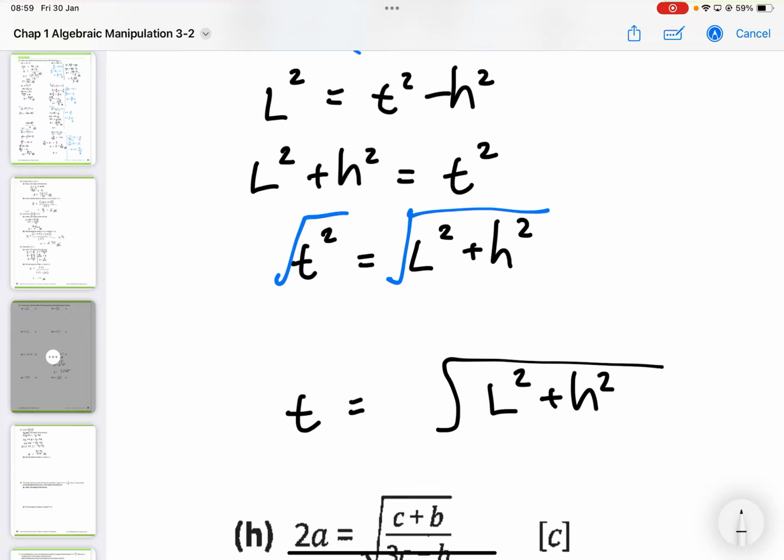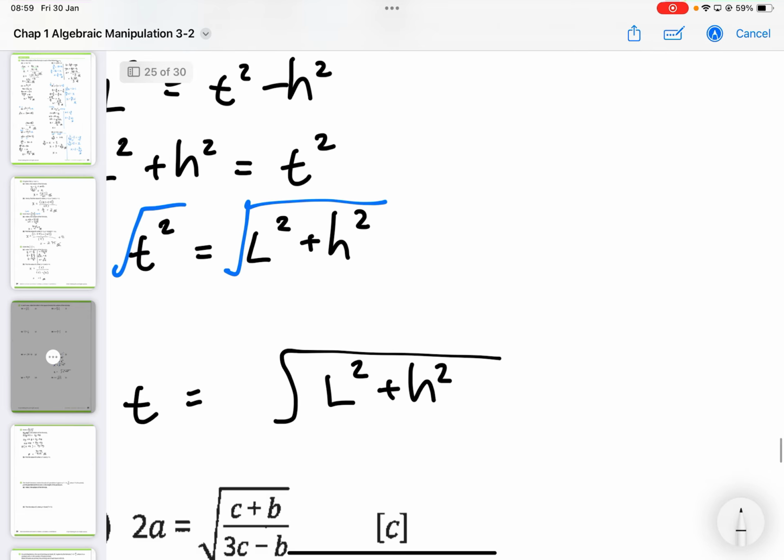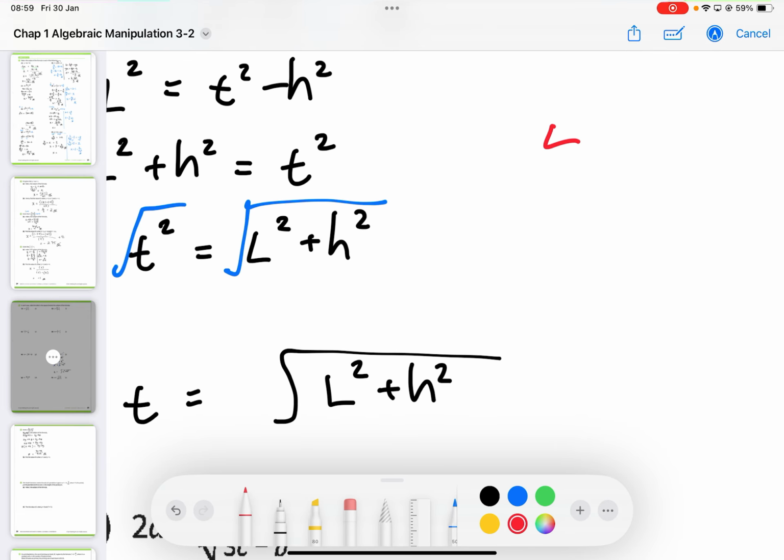But when we are taking square root, something being square root, for example, I put it here. If I want to square root 4, square root of 4 means I am looking for what number can multiply by itself to give me 4.